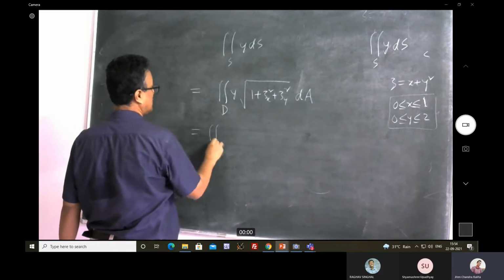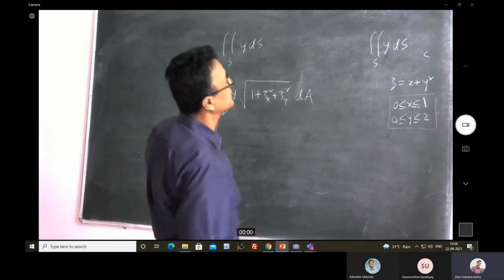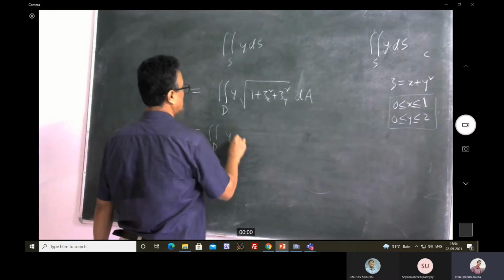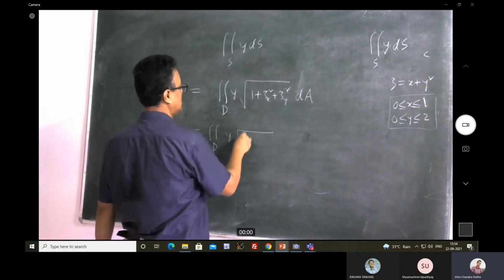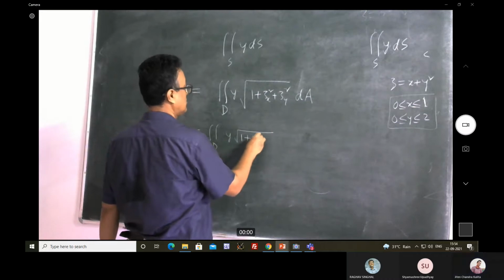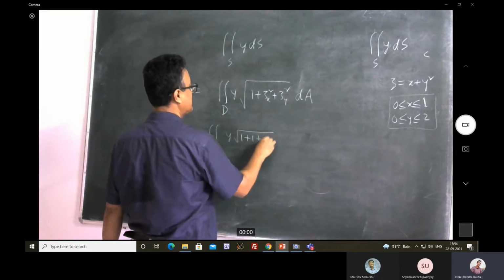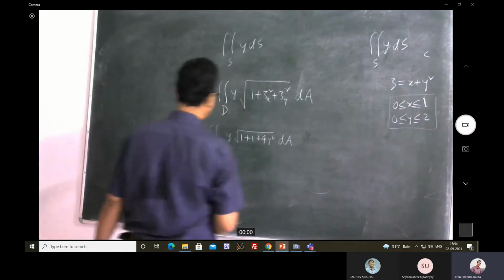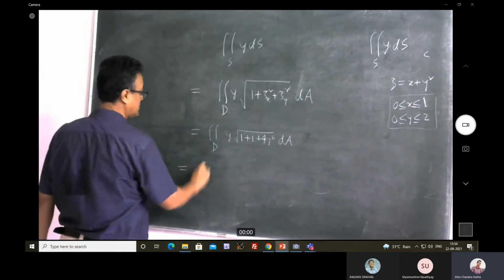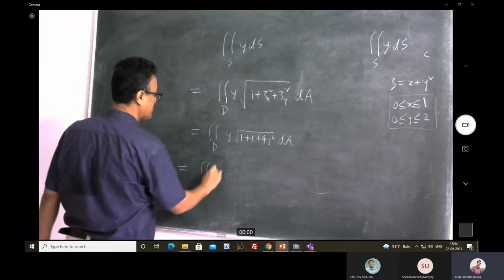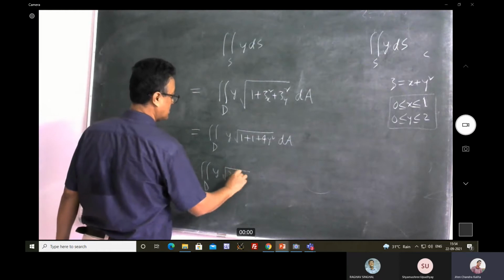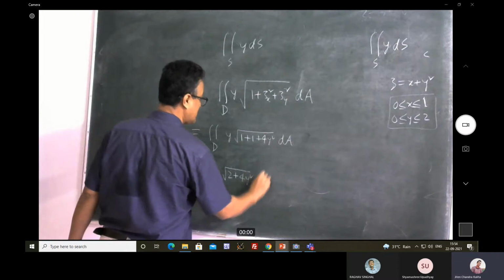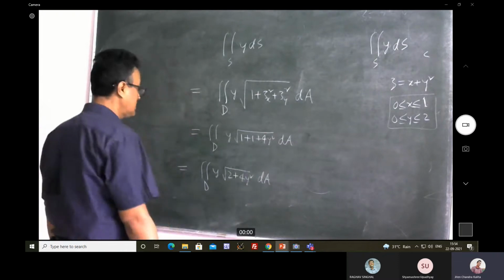So this is going to be, with z equal to x plus y squared, y times the square root of 1 plus 1 plus 4y squared, right? dA. And let me still keep it like this, y times the square root of 2 plus 4y squared dA. So now we can integrate it.